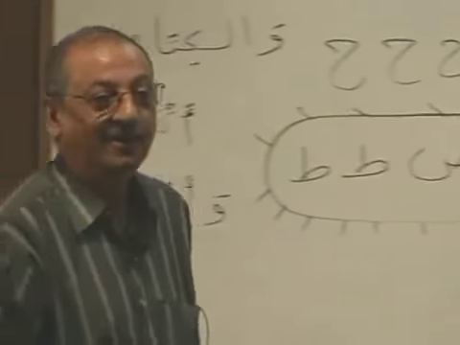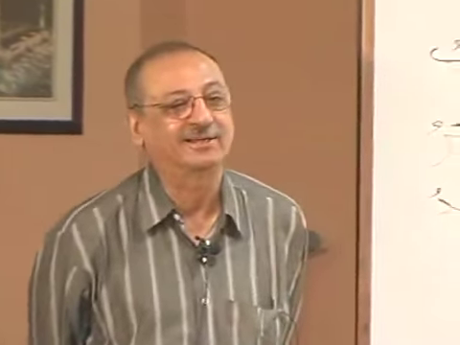But Hamzatul Qata, you will always pronounce, no matter where it comes. So how do we differentiate? Whenever there is a Hamzatul Wasal, you will not put a Hamza sign. Brother Samad? But if there is a Hamzatul Qata, you will put that sign there.